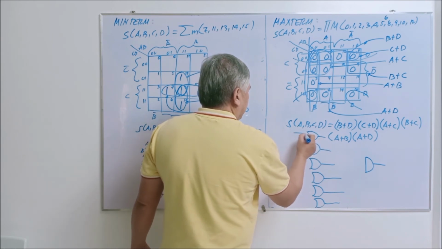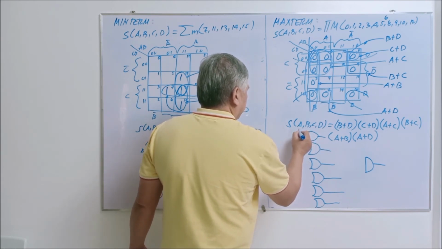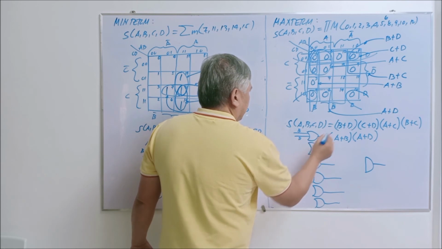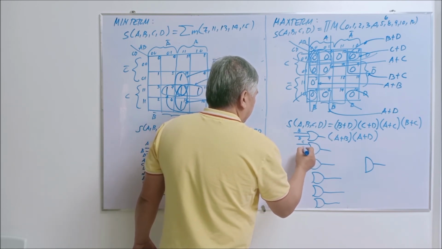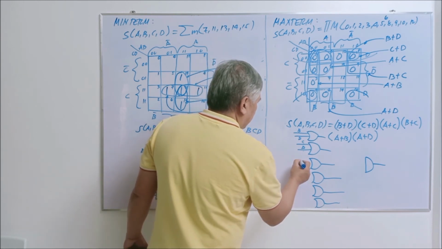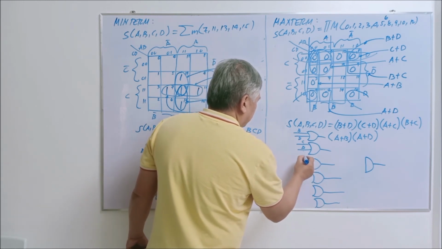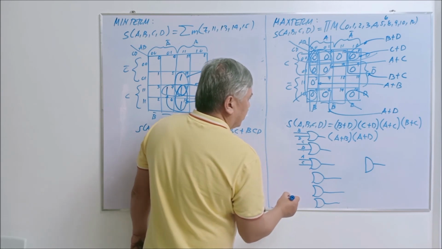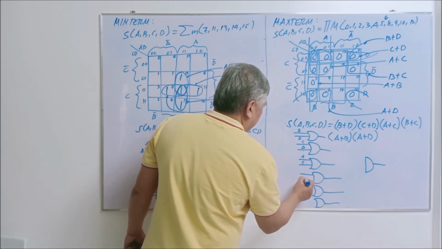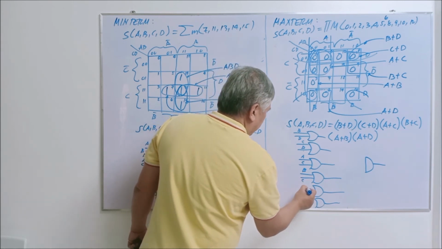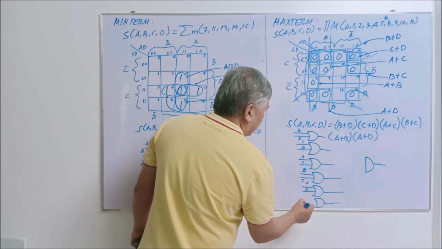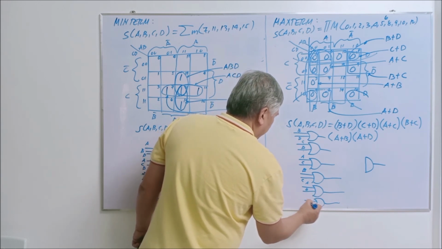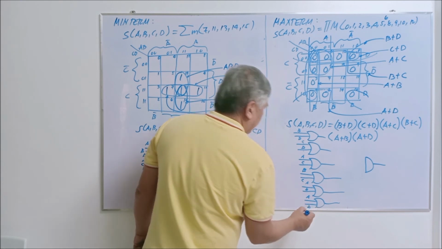So we have B, D. Then you have C, D. Then A, C. Then B, C. Then A, B. Then A, D. Okay?